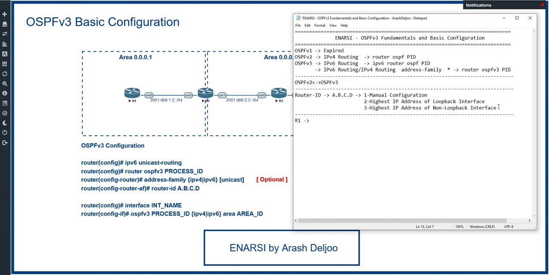Look here, we should use ipv6 unicast-routing. The configuration is so easy. And then we should use router ospfv3 with the process ID, for example 1, and then router-id 1.1.1.1. Here it is mandatory to configure the router ID. Why? Because as you can see, we don't have any IPv4 address. Because of that, we should configure the router ID. After that, here we have one interface, Eth0/0.